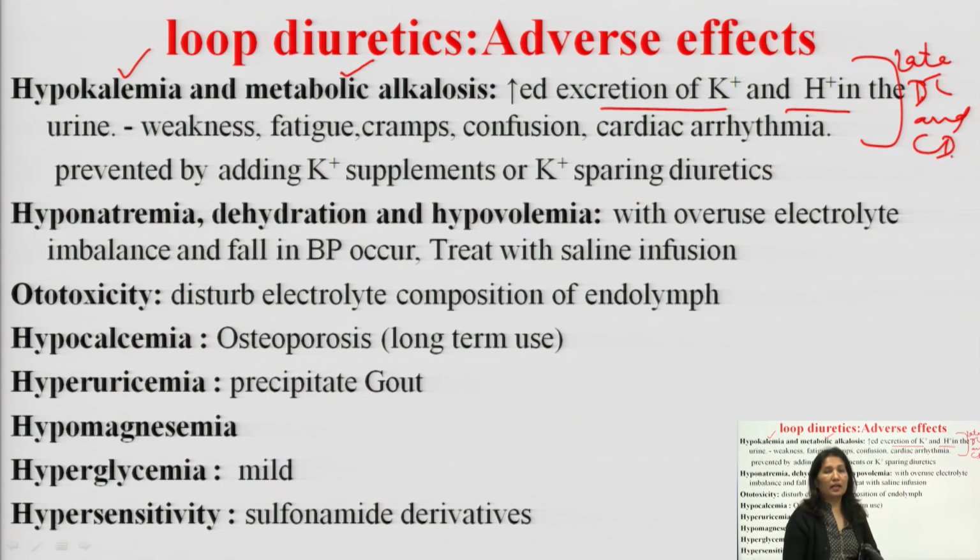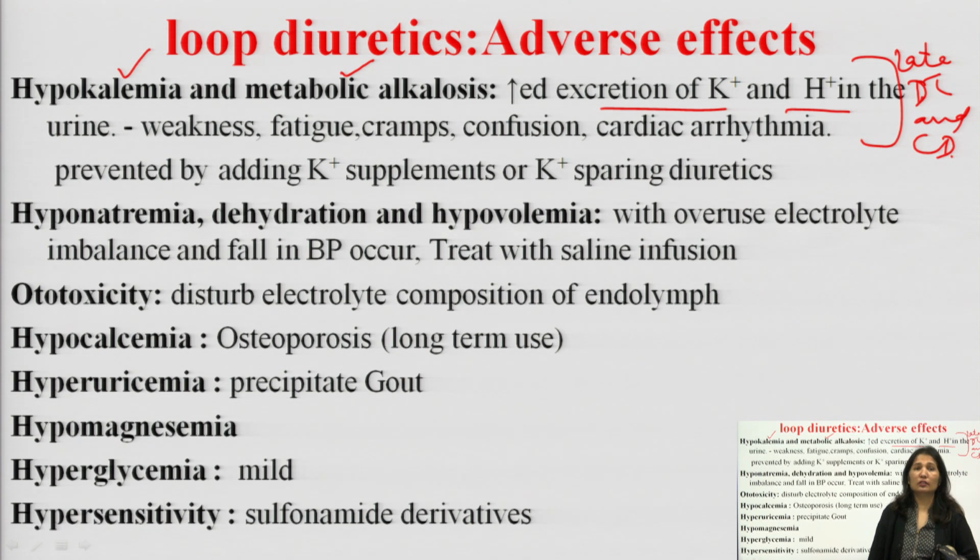So, it is especially risky for patients with cardiac arrhythmia and those on digitalis. Weakness, fatigue, cramps, confusion, cardiac arrhythmia may occur. It is prevented by adding potassium supplements or potassium sparing diuretics.